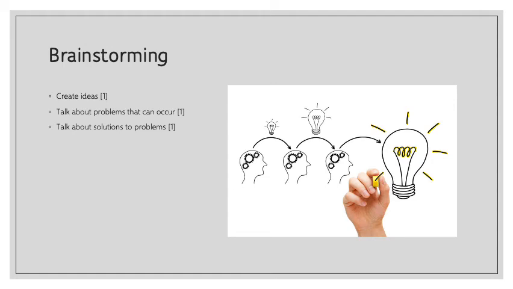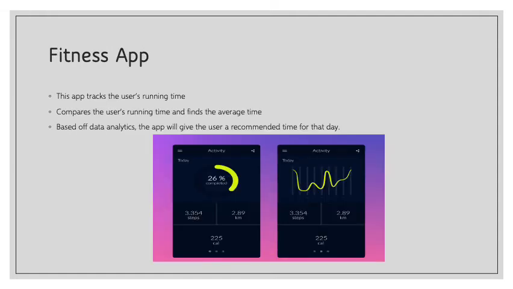And so this next slide, fitness app. This is going to be one of the examples of how we're going to create a CRC card. Well, what is this app going to do? What does it need to do? Well, it needs to be able to track the user's running time. It needs to compare the runner's time to previous running times and find the average time that the runner runs.